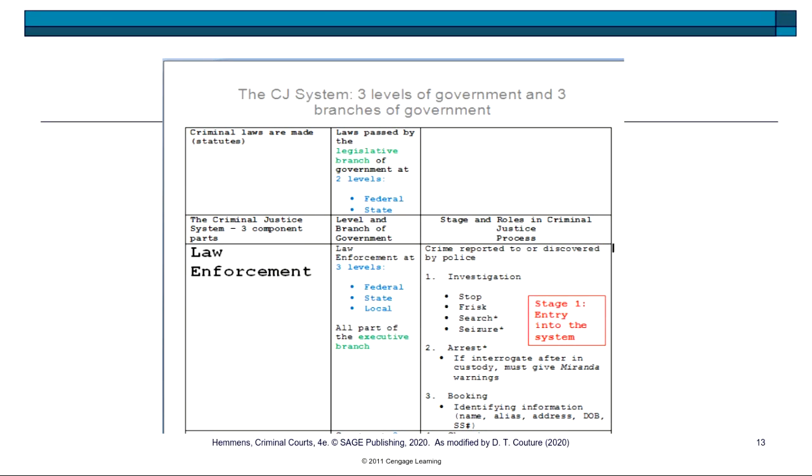So as we've discussed before, law enforcement exists at the federal, state, and local level, always part of the executive branch, and their role and responsibility is primarily during stage one, entry into the criminal justice system: step one, investigation, step two, arrest, step three, booking.